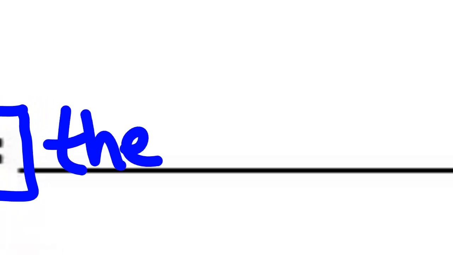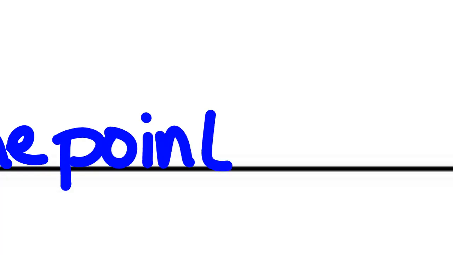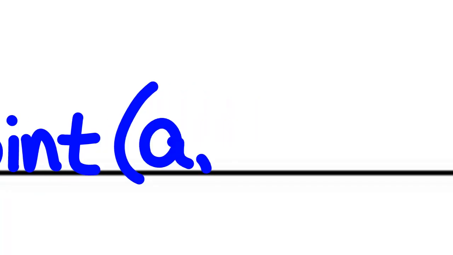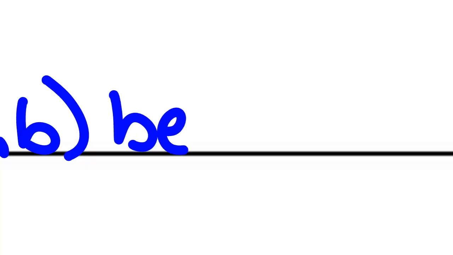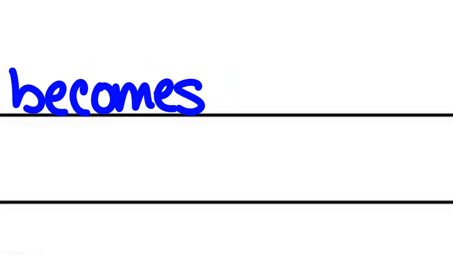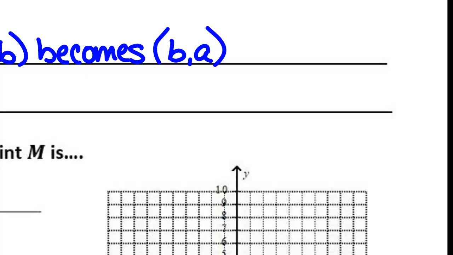If we reflect across the line y equals x, the point (a, b) becomes (b, a). So we switch the x and the y.